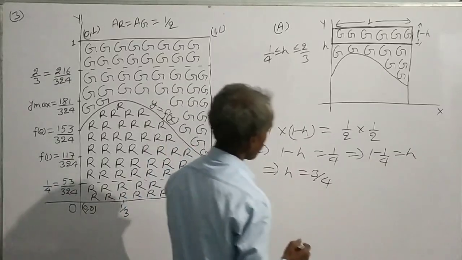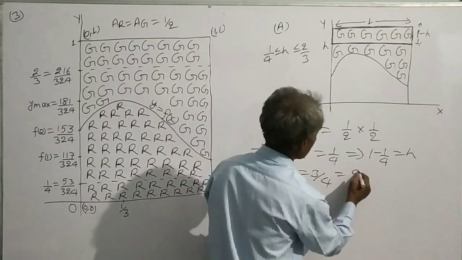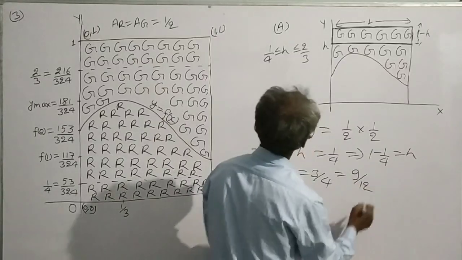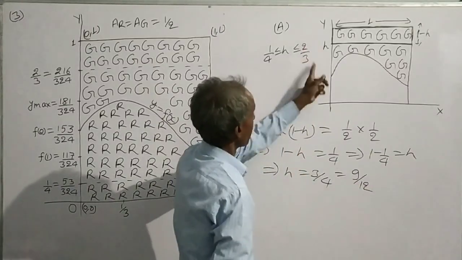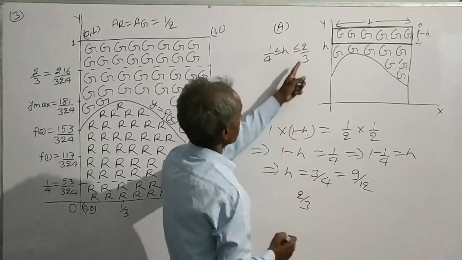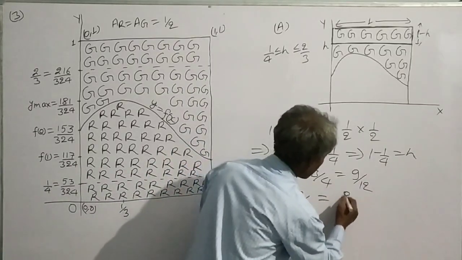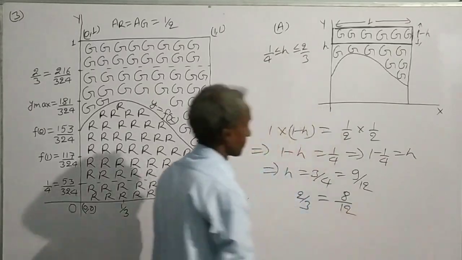3 by 4 will be equal to 9 by 12, and 2 by 3 will be equal to 8 by 12.